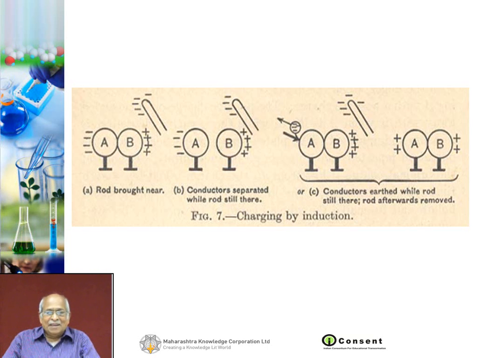First of all, the earth is a huge body. It contains infinitely many atoms and molecules. So it is an ocean of positive charge as well as negative charge. Infinitely huge amount of positive and negative charges are present in the earth. Now, when I say infinite, you might know that infinity plus something is infinity.